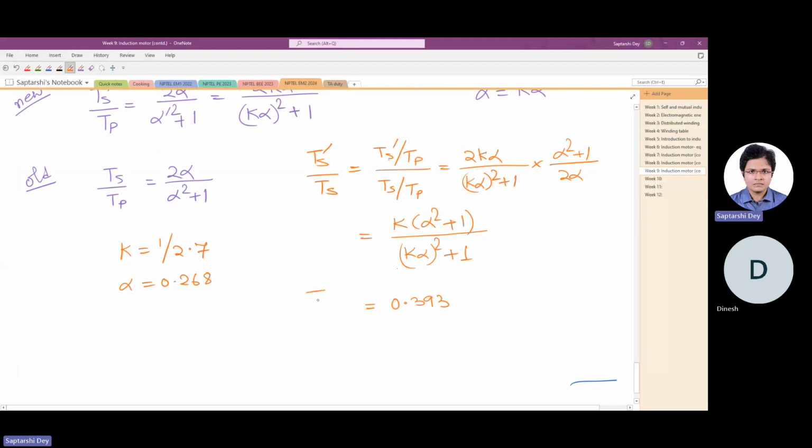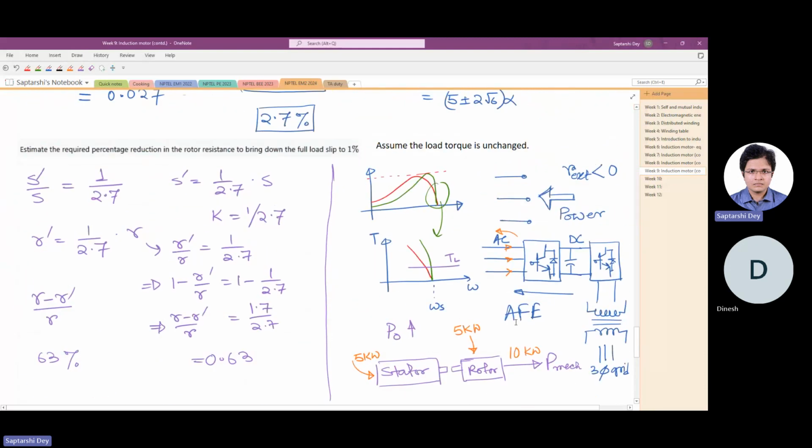So that is the ratio of new starting torque after the reduction of rotor resistance and what we had originally. See, this is again supported by this graph. The green one has lower starting torque.